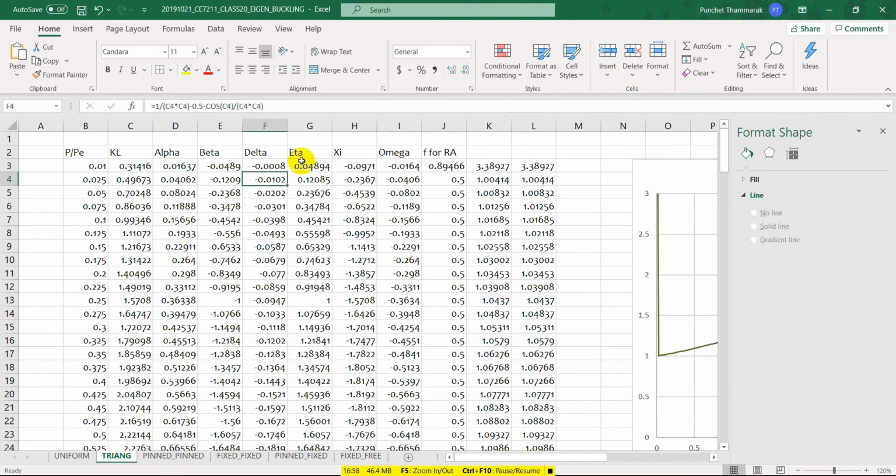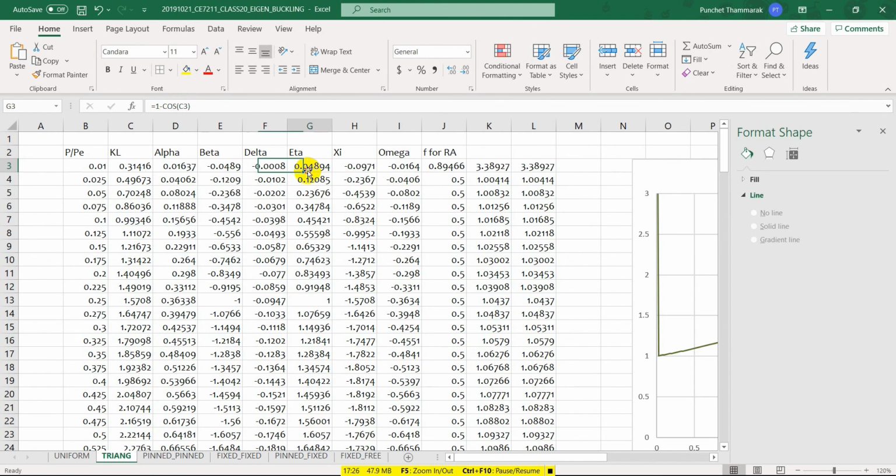Okay, and then eta. Delta is 1 over KL square minus 1 over 6. So this is okay already.